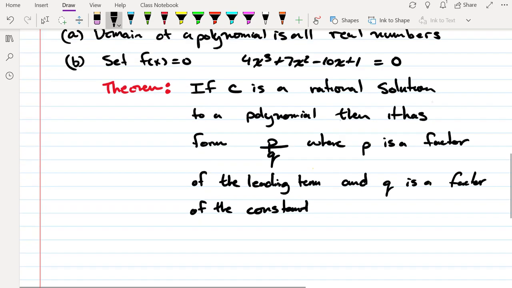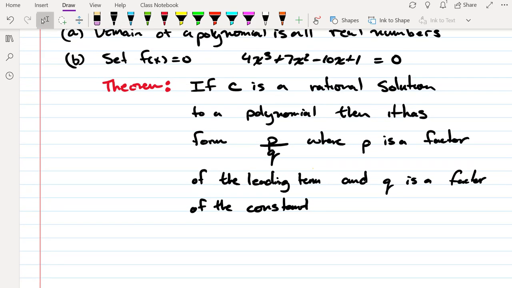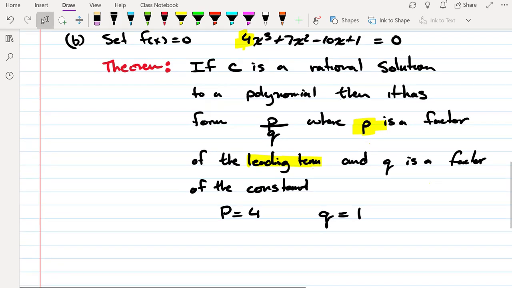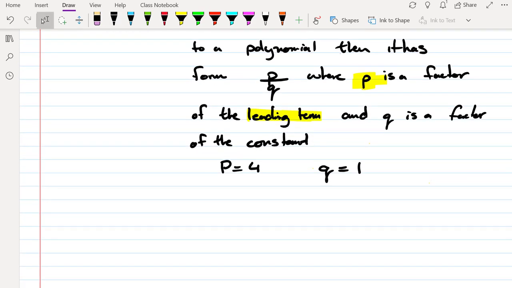So I know that's not super clear right now, but in our case, what that's saying is that our P is going to be 4. And then our constant in this polynomial is 1, so q equals 1. So then if we have a 0, it has to be of the form p divided by q.